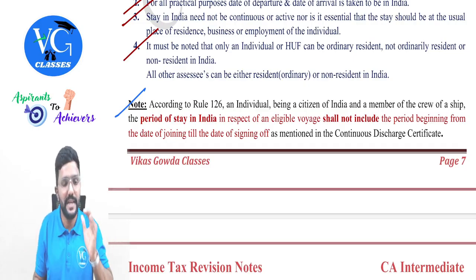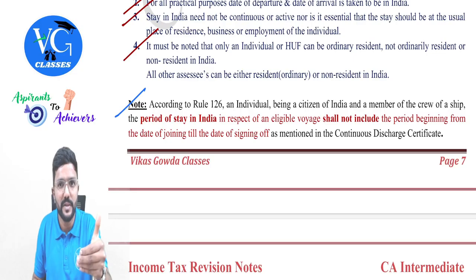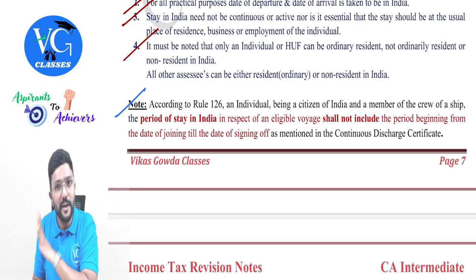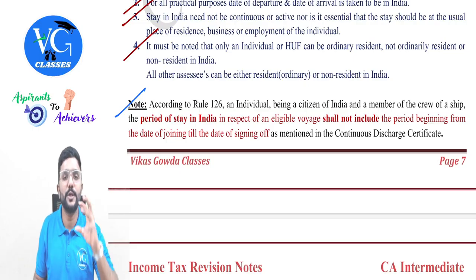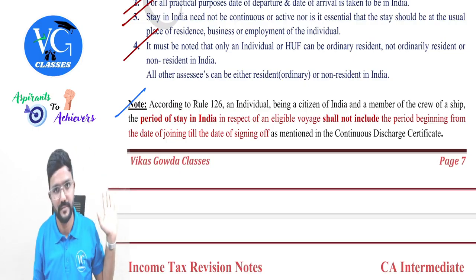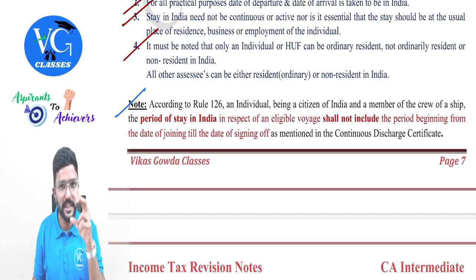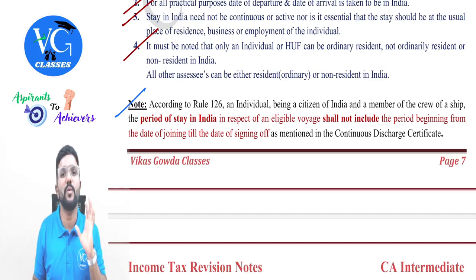No, no, guys. The period from the date they join the ship till they sign off from the ship is considered to be outside India. Clear? Because for a few days the ship might still be within the territorial waters of India. Do we consider that number of days of stay as in India? No. Got it?